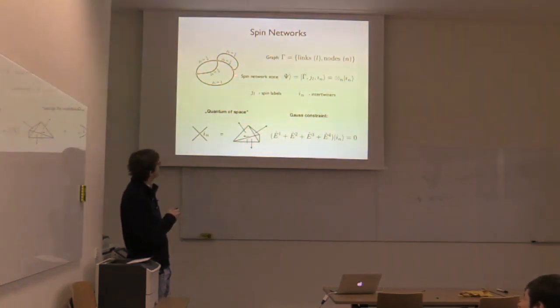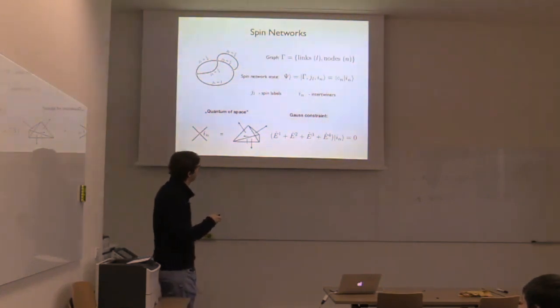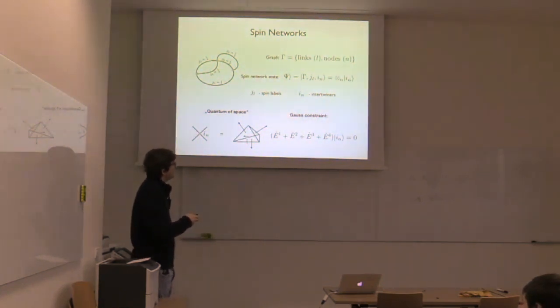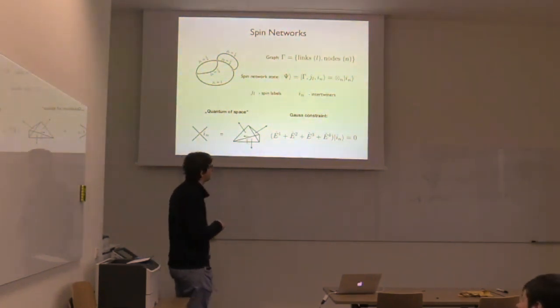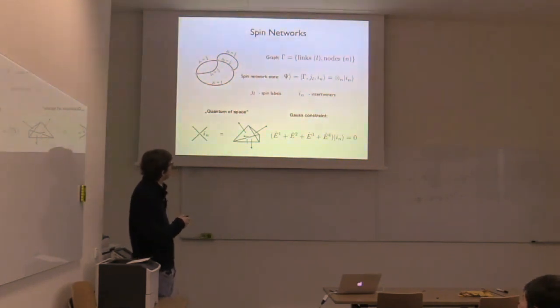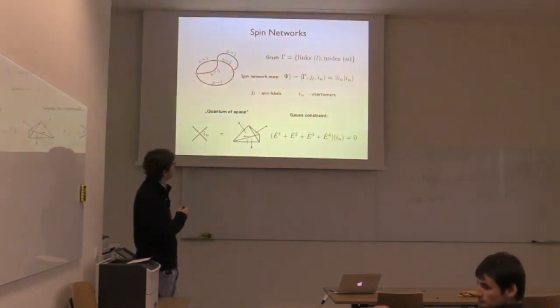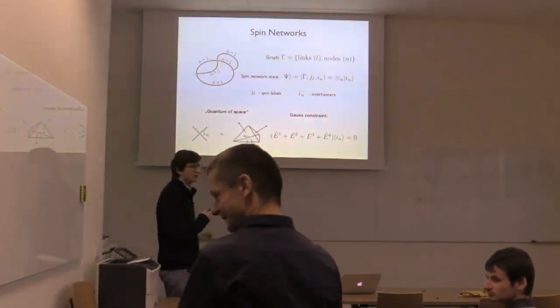And the thing is that the gauge invariance is satisfied by solving the so-called Gauss constraint. Okay, so in gravity it looks like that. It's basically the same as in electrodynamics, which means that when these links meet at the node, the spin at the node has to be equal to 0.